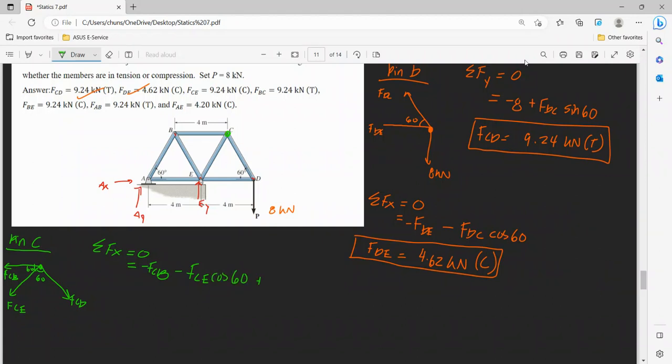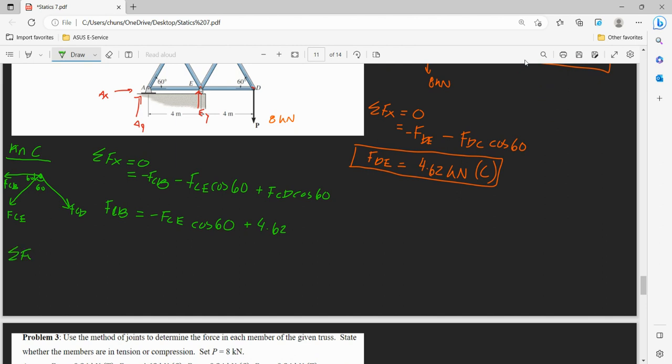And this is plus FCD cos 60. So we can solve for CB in terms of FCE, which is negative FCE cos 60 plus our FCD. FCD was 9.24, so times cos 60 is equal to 4.62.